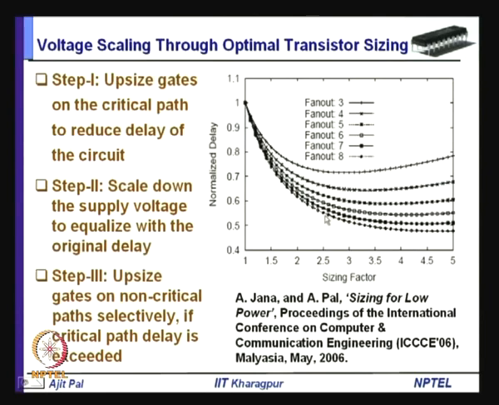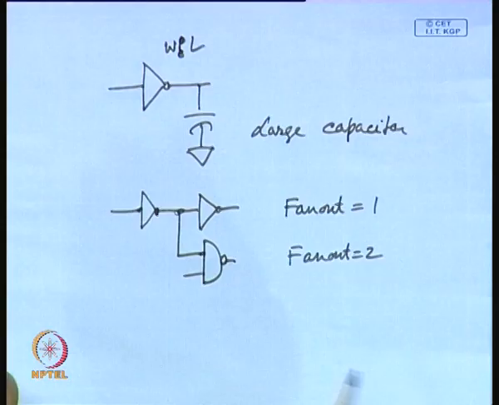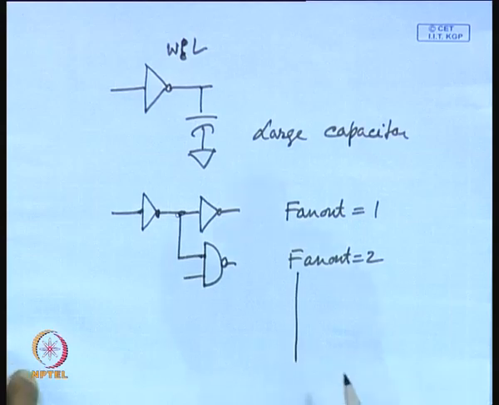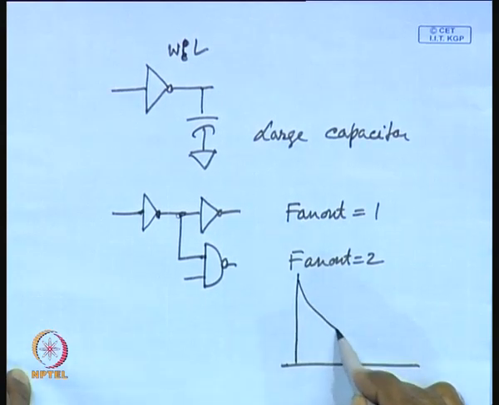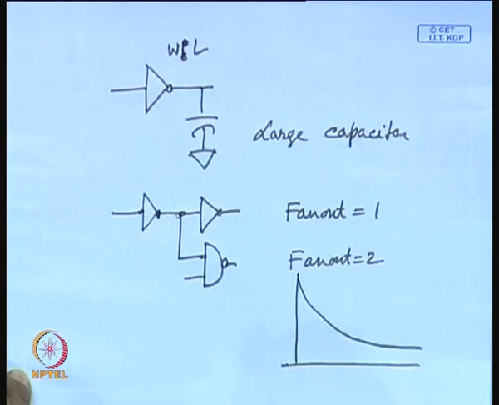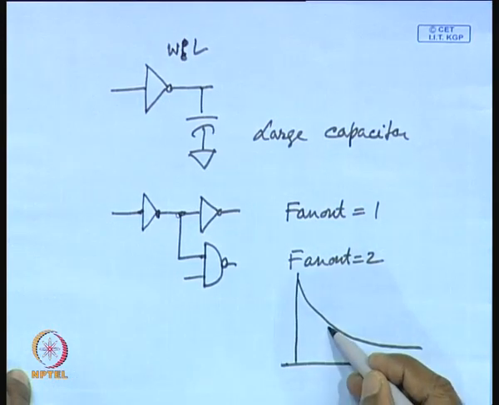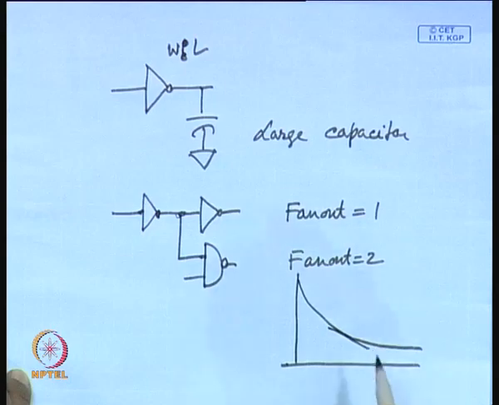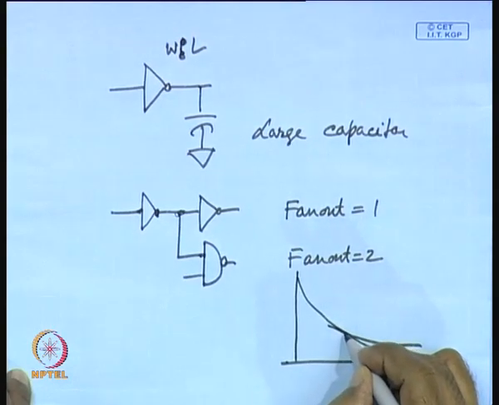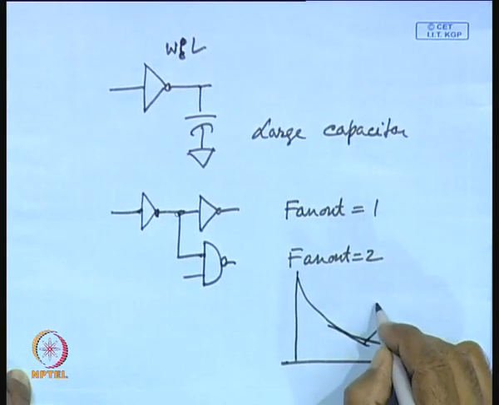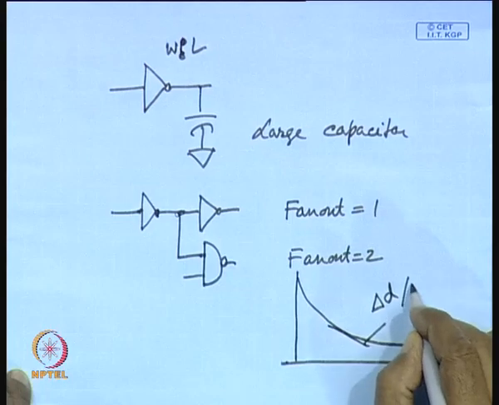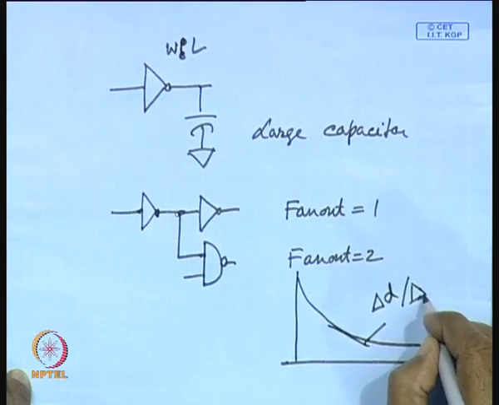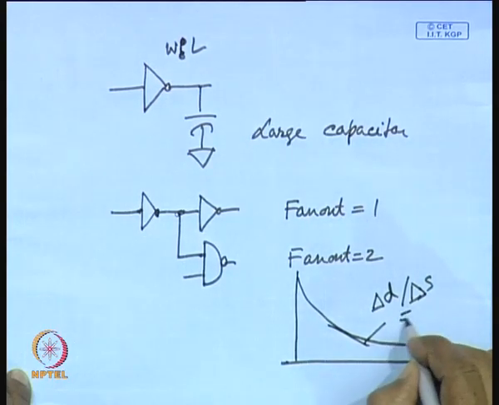So, what can be done? Let us consider one particular curve, say for a particular fan out. This is the curve. Now, what can be done? We can draw a tangent, that means, this particular line that corresponds to delta delay by delta sizing factor equal to -1.